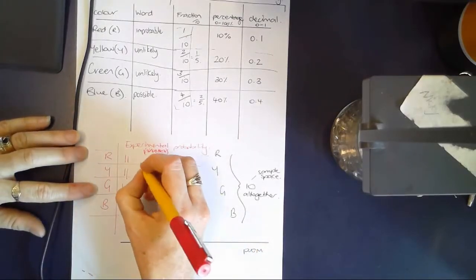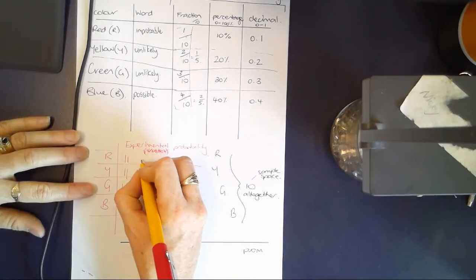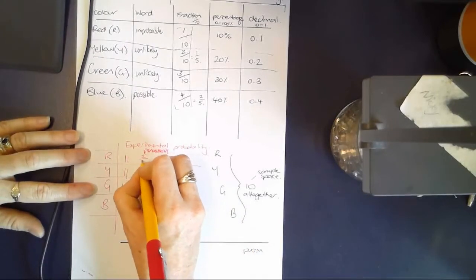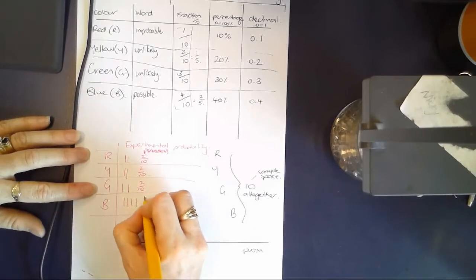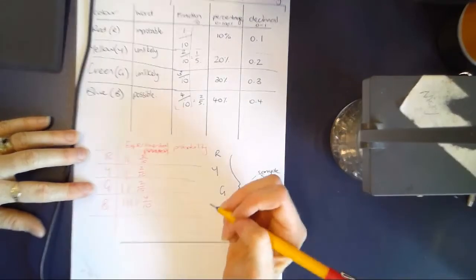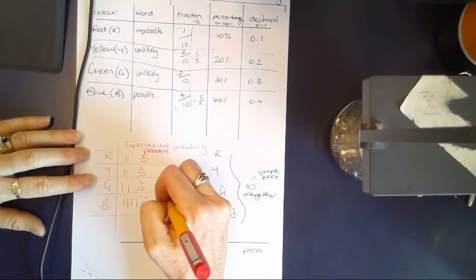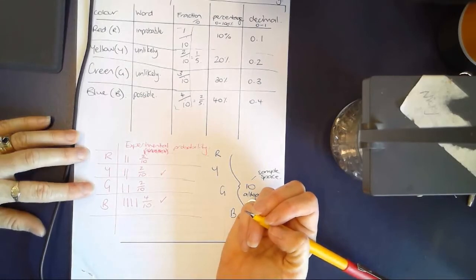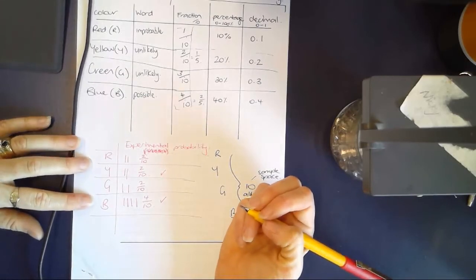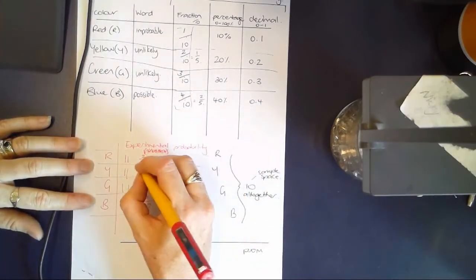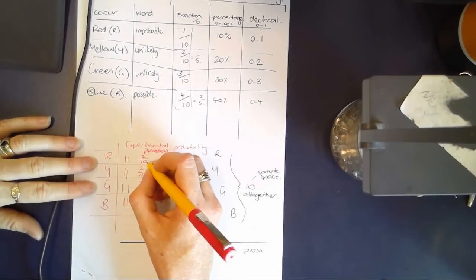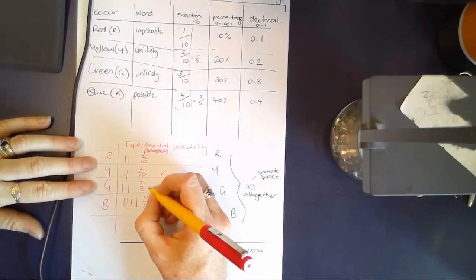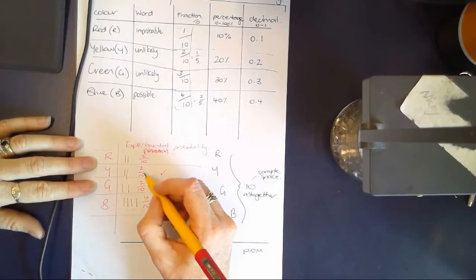So if we were to then write down that information in fractions, we would have 2 out of 10, 2 out of 10, 2 out of 10, and 4 out of 10. Okay? So the only 2 that were perfectly accurate with our theoretical probability was the yellow and the blue. Now, I picked 1 more than I had assumed from the red colour, and then 1 less from the green, but they're pretty close.